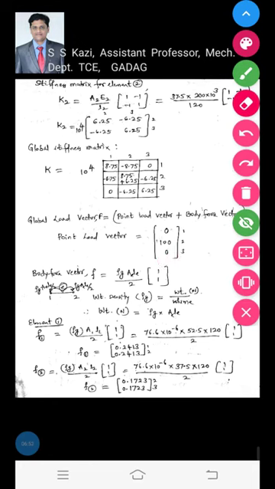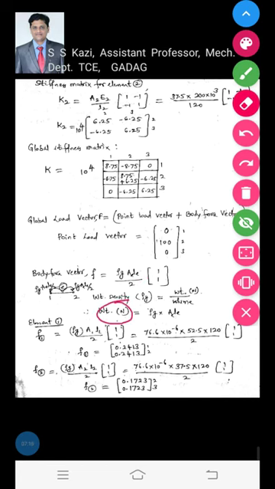Okay, now come to the body force vector. Body force is the force generated due to the self weight of the body. How do you calculate the self weight? We know that weight is equal to weight density into volume, because weight density is equal to weight by volume.